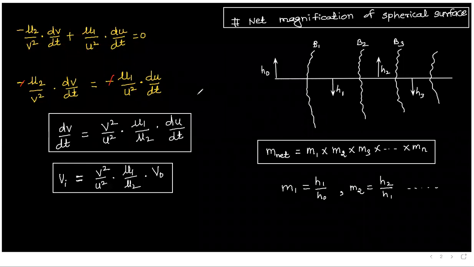Okay, let's move ahead. Right. I'm going to the next page, next concept. So let's go to the next. And the next concept is slab with one surface silvered.